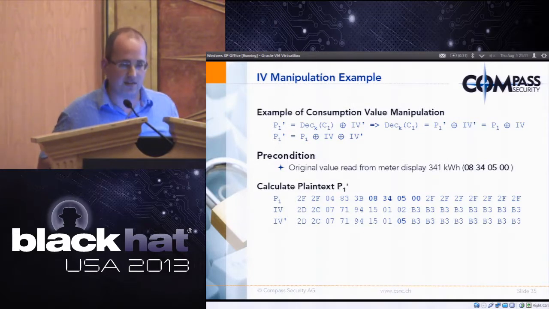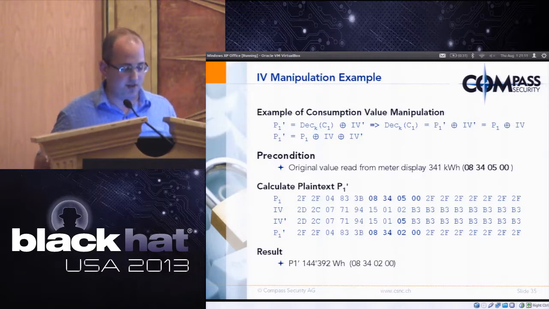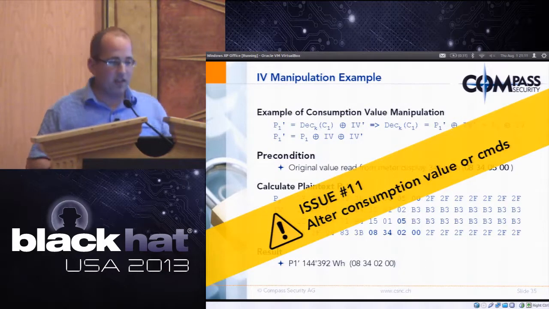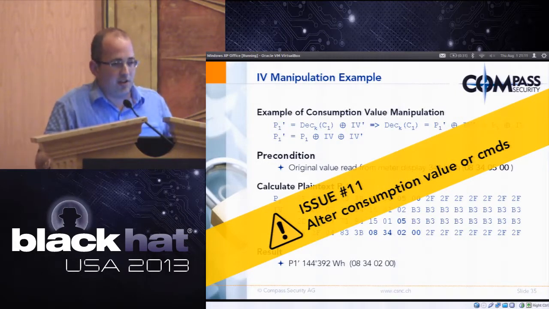We flip bits to make it a 5 out of the 2, and this basically causes during decryption that the consumption value will be less. So it will be 144.39 watt hours. I'm not only able to alter consumption values I receive, the same also applies to commands the collector sends to meters. Exactly the same.